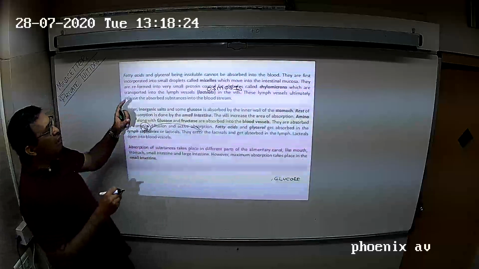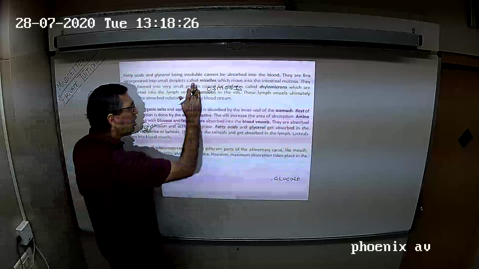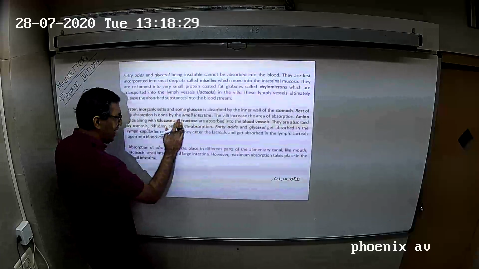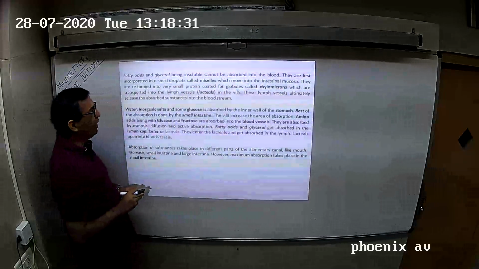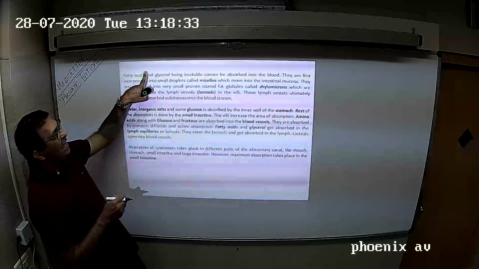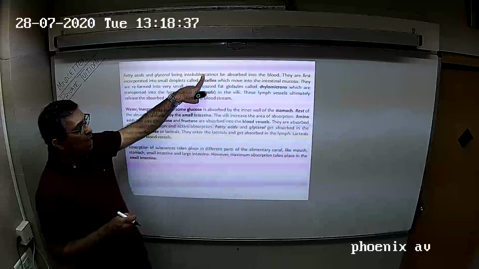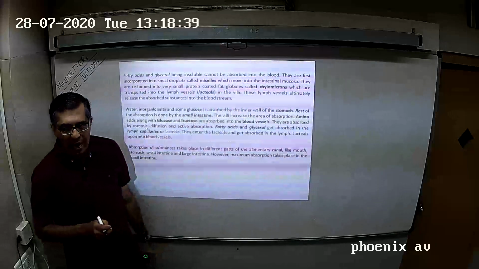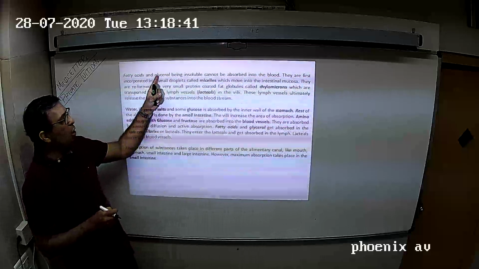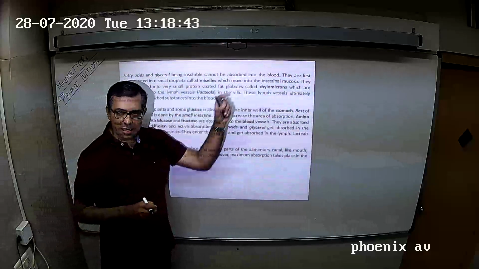And sir, यहाँ एक बहुत important point हम लोग कहते हैं. Check this carefully. Fatty acids and glycerol being insoluble cannot be absorbed in blood. Fatty acid और glycerol blood में नहीं जा सकते हैं.